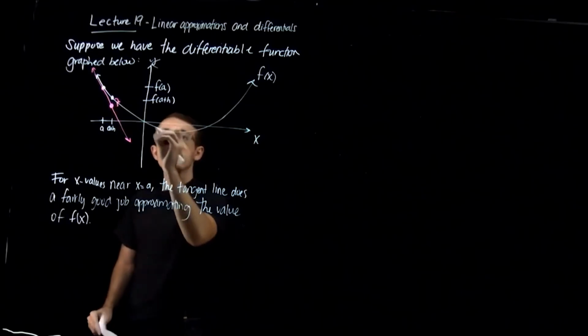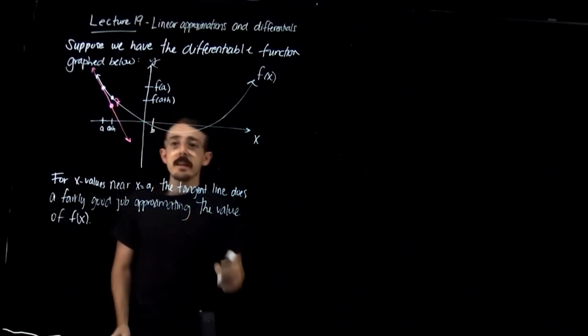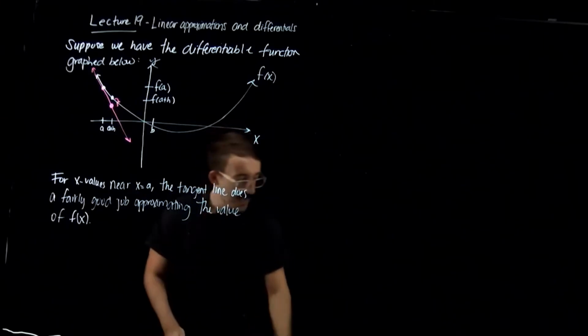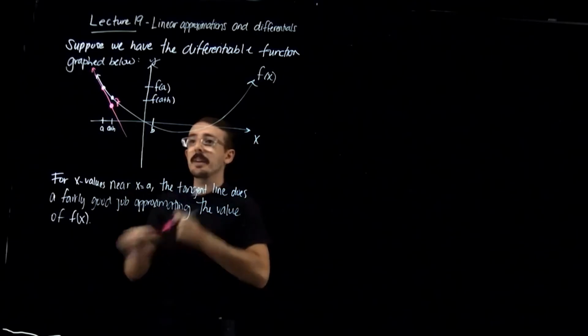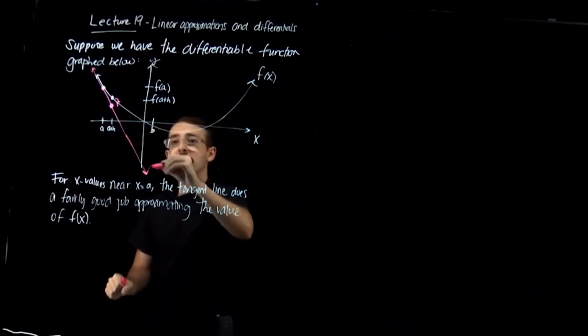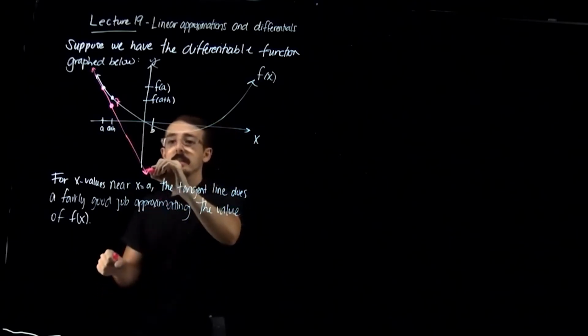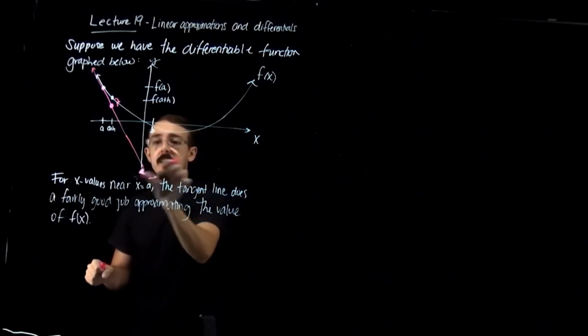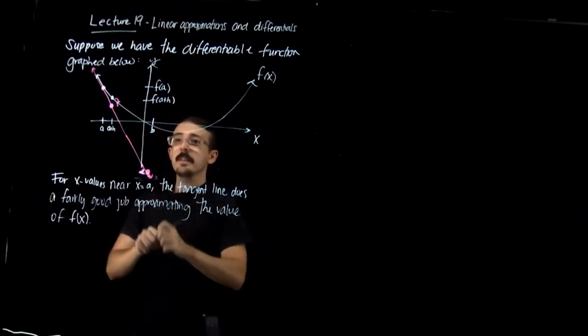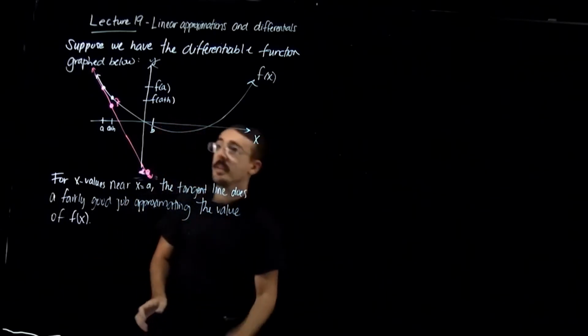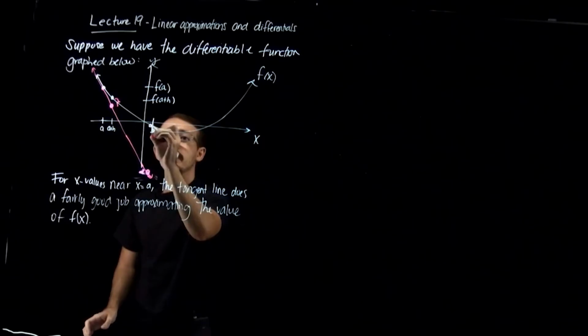However, let's take this to be b. Let's take that x value to be b. And I'm going to continue my tangent line, and I'm going to go even more here, just so I can get over there. So now I've really exaggerated this, but here is the spot on the tangent line. It's down here. Let me draw that a little better. So here's the tangent line at b, and here's the actual value at b here.